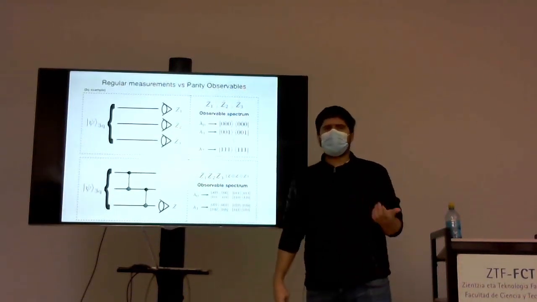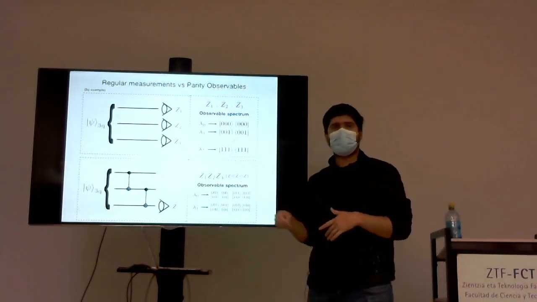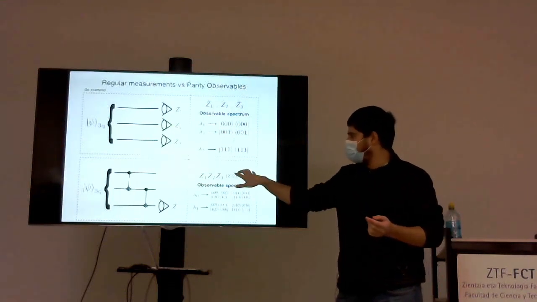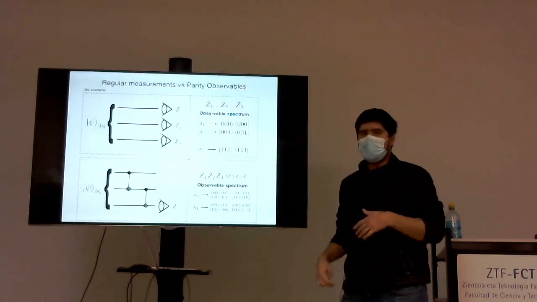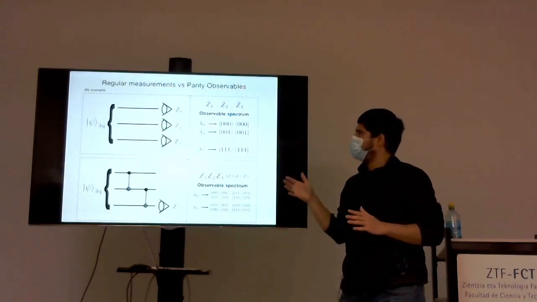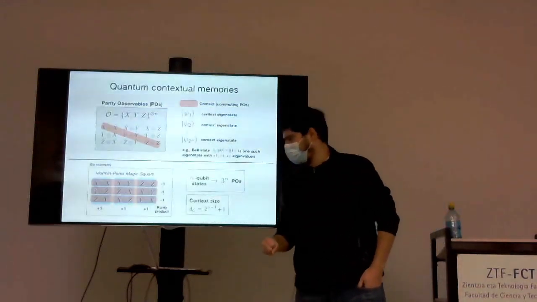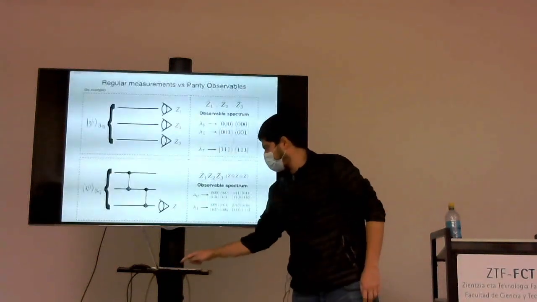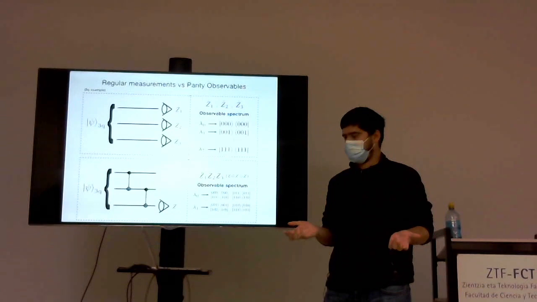And this can be done not only for Z, Z, Z, but for any combination of Paulis tensored together. So we have 3 to the n possible combinations of these kinds of observables, and we will exploit them all. These are the parity observables. They also have an interesting property: since they only have two outcomes, they aren't fully collapsing your state.